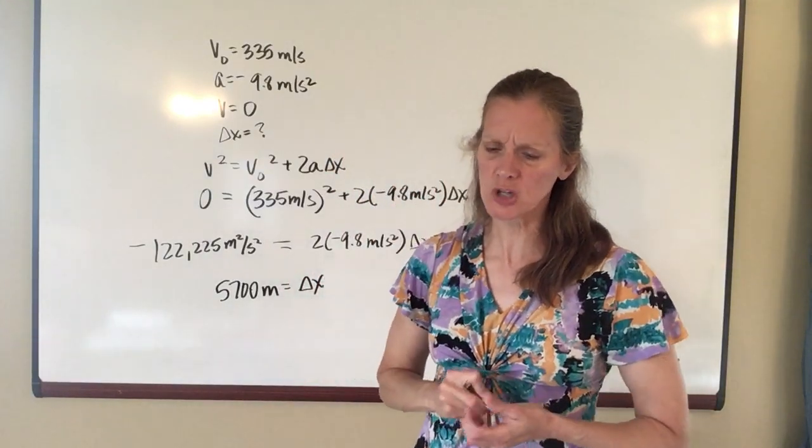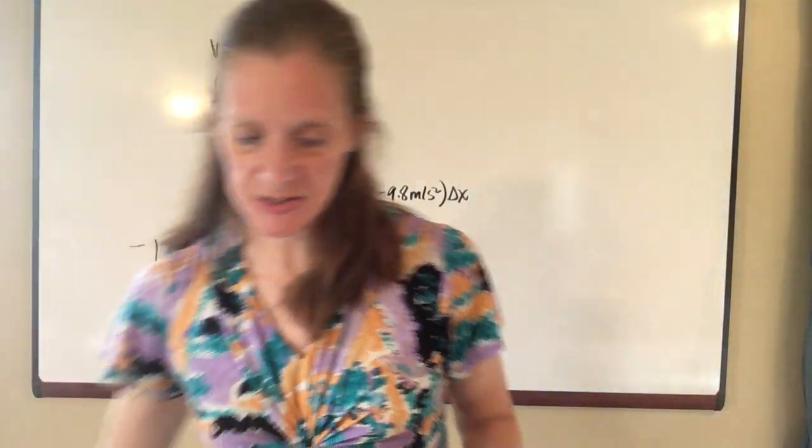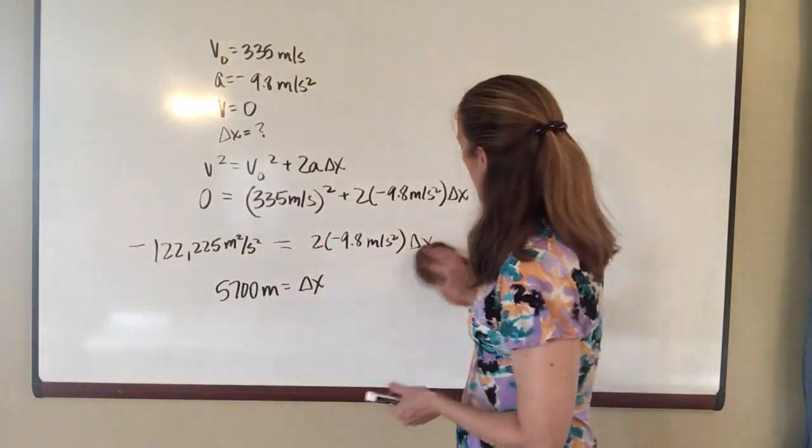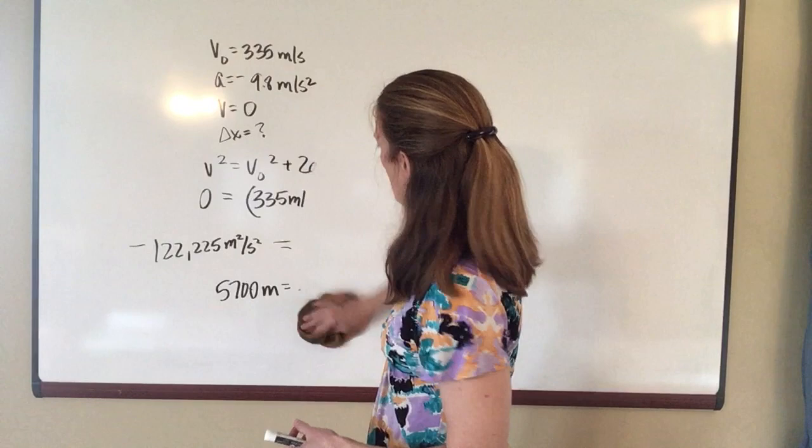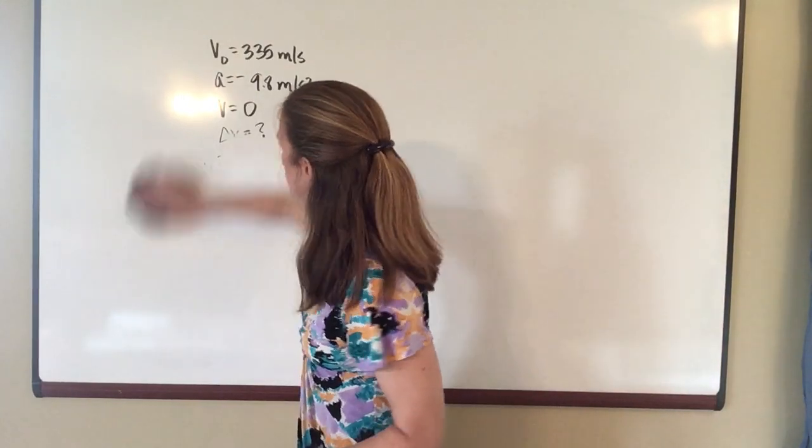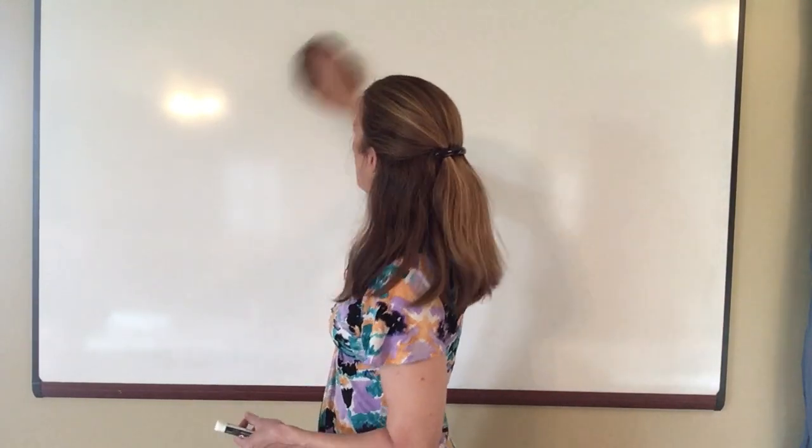Okay, so now we're going to look at the second part of the problem. They have a physics student throwing a rock upward off the side of a bridge and timing how long it takes for it to go up, come back down, and then hit the water.